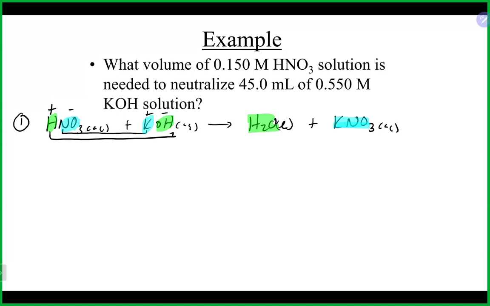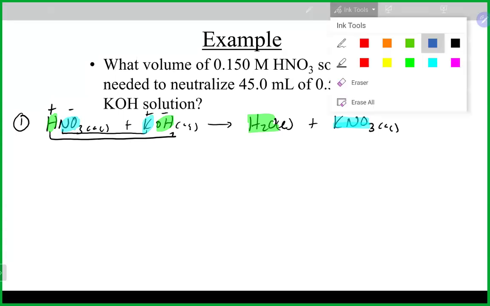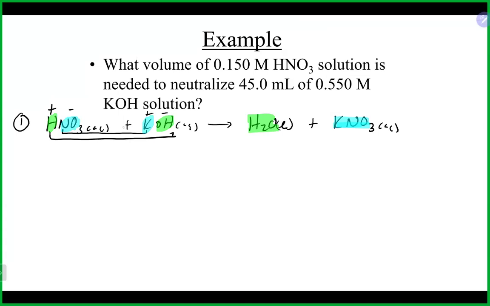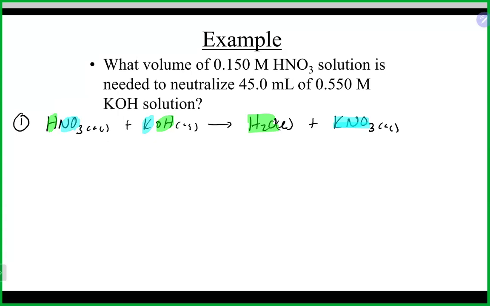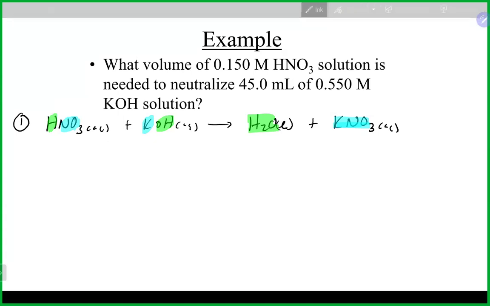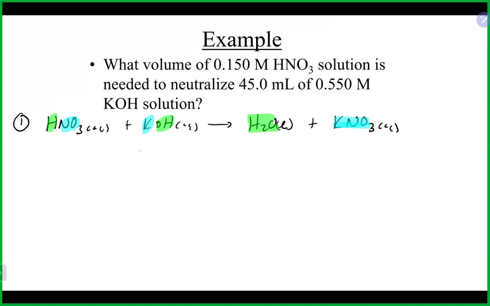The next step is we want to convert what they gave us to moles, and we also want to determine, is this a limiting reagent type situation? So let's take a look at that and see. In this problem, we are looking for the volume of nitric acid. We do know the molarity of it, which is 0.15 moles per liter. Again, I'm getting rid of the big M and showing both units.